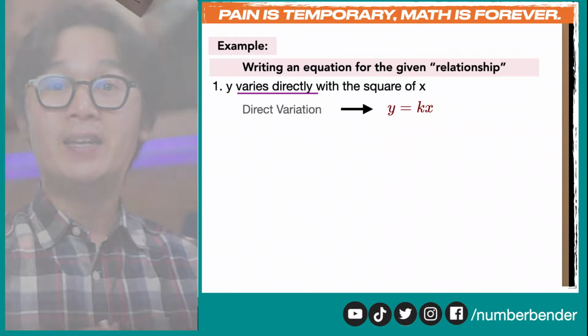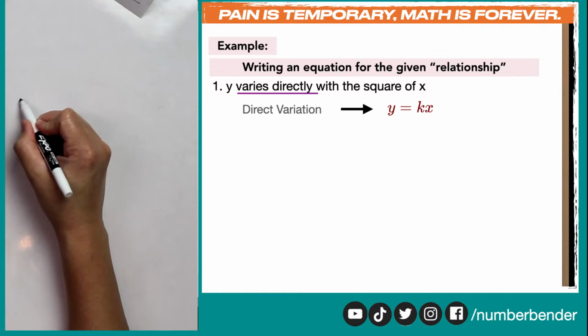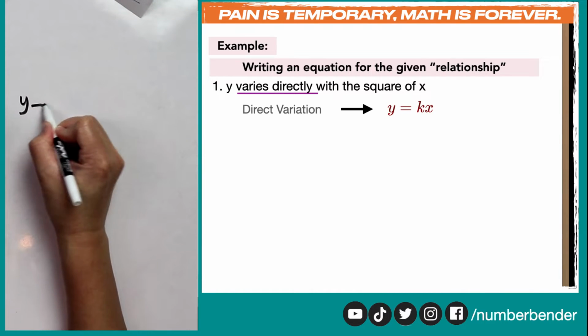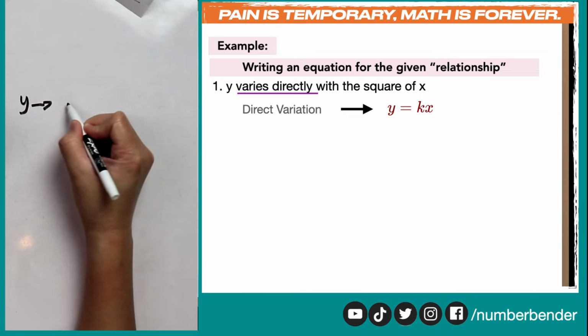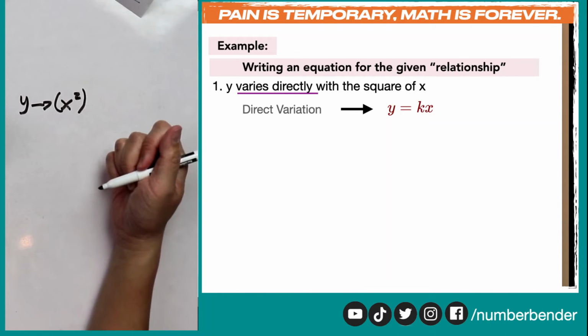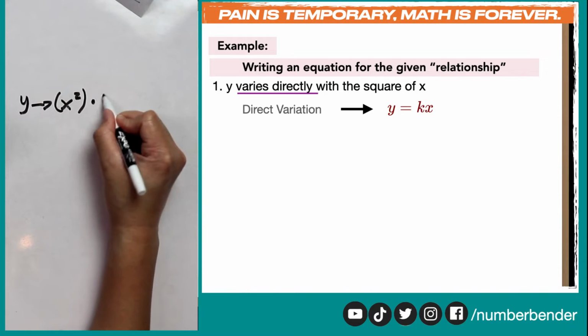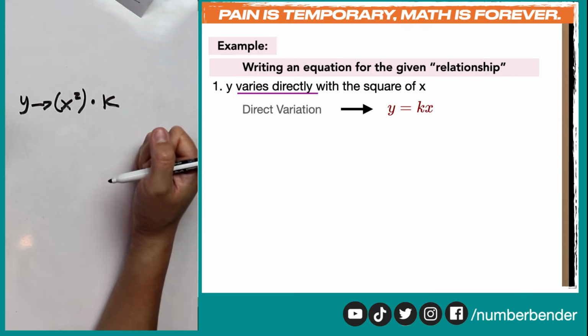So by translating our statement into its algebraic form, we have y varies directly with the square of x. So this is our variable x, and we know that in this particular relationship, we will always use the constant k, or the constant of variation.